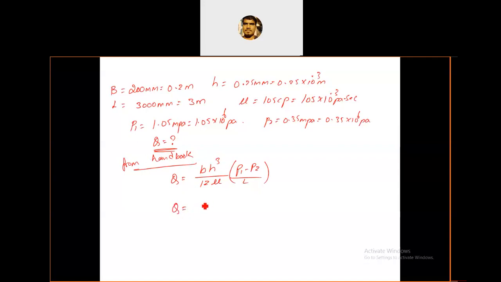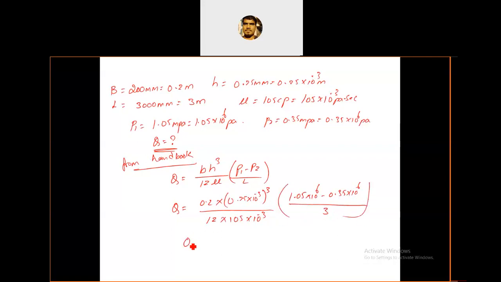B is 0.2, into 0.25 times 10 raised to minus 3, whole cube, divided by 12 into 105 times 10 raised to minus 3. P1 is 0.5 times 10 raised to 6 minus 0.35 times 10 raised to 6, divided by 3.